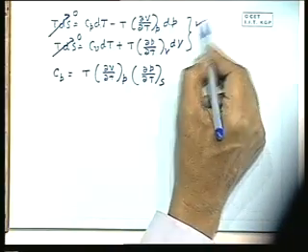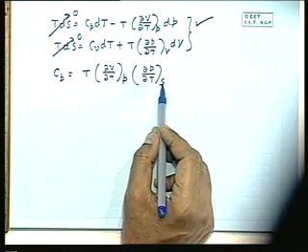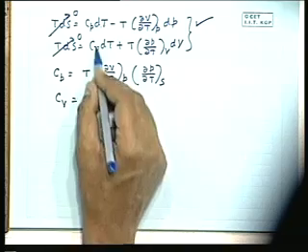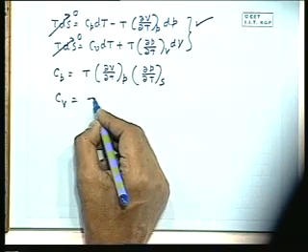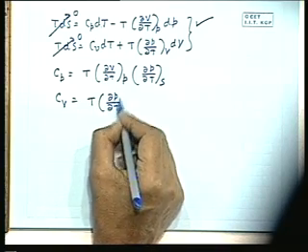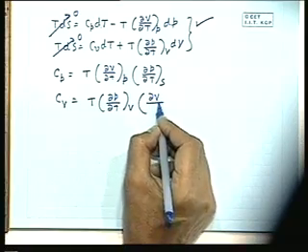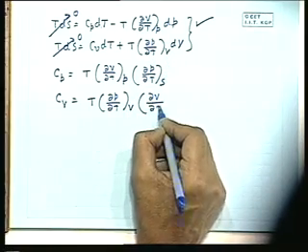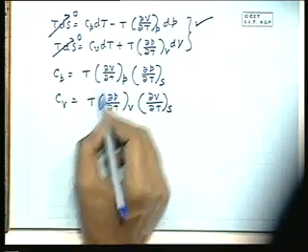I can write from this equation at constant entropy, dS is equal to 0. Similarly, I can write from the second equation, which is basically the first TDS equation, that Cv is equal to T del P del T V into del V del T S. Clear? With a minus sign.